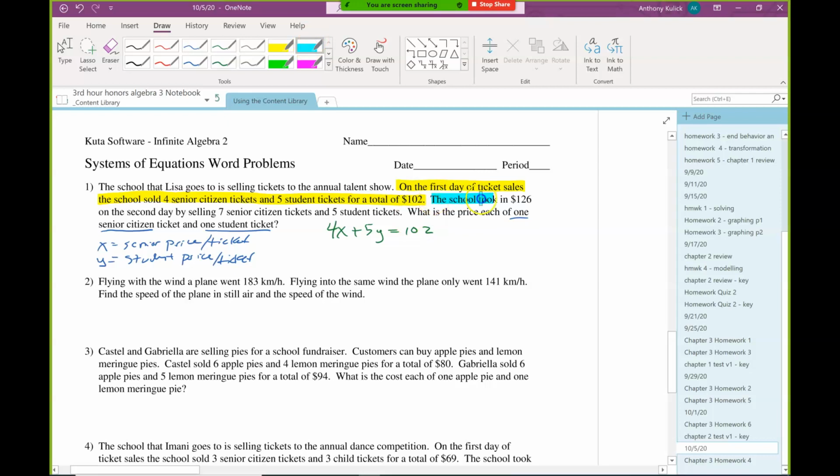And then similarly, on the second day, what could I write? Anybody? Good. So there's my system.